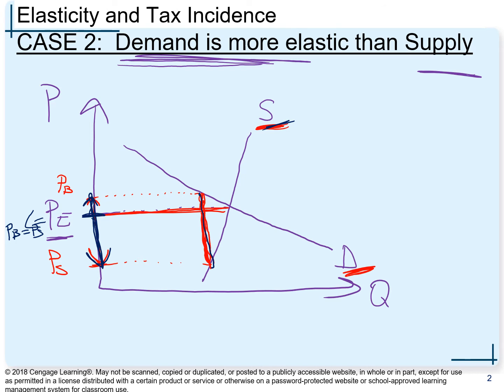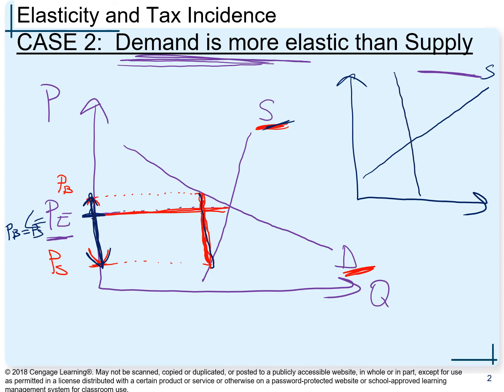Now, guys, looking at both scenarios, what kind of conclusion are we going to make? Remember, in the previous example, supply was like that, and demand was relatively inelastic. If I'm going to do this price equilibrium and I impose a tax over there, remember, this is my demand curve.